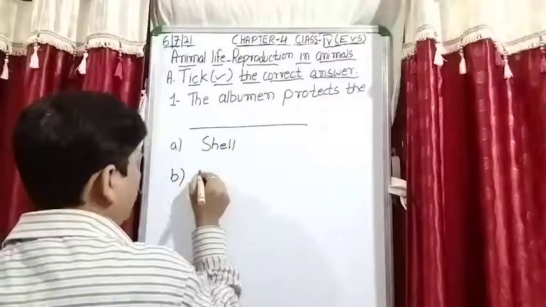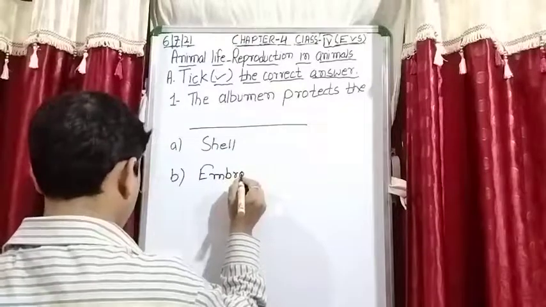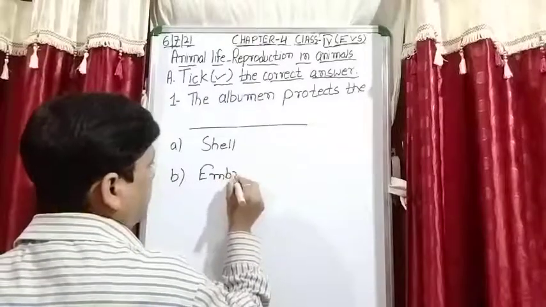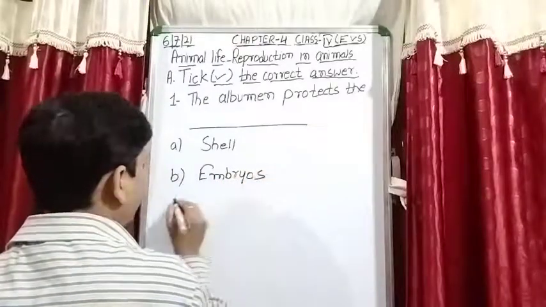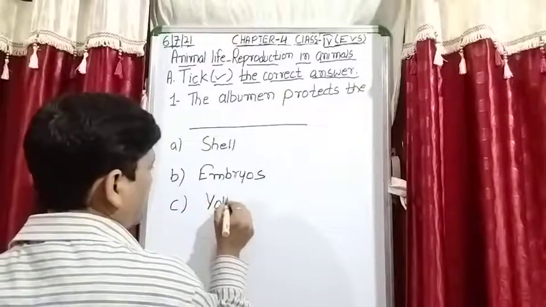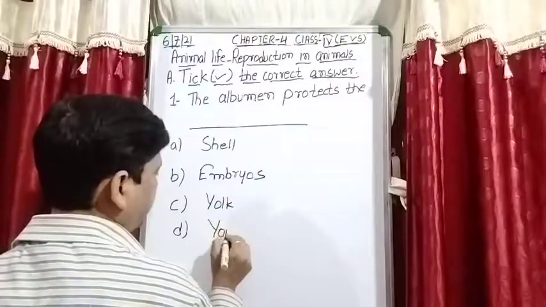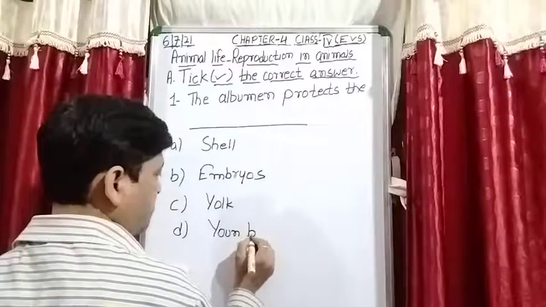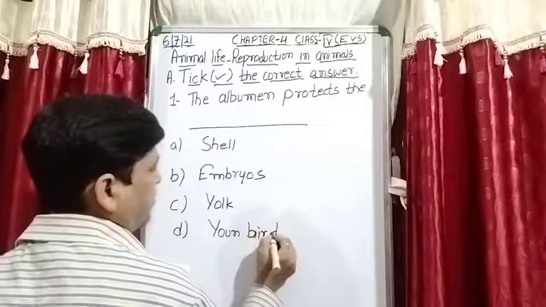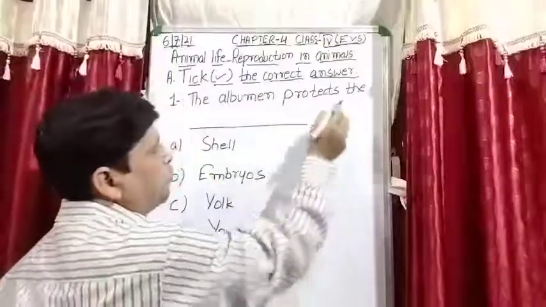B, embryos. C, yolk. D, young bird. So what does the albumin protect?